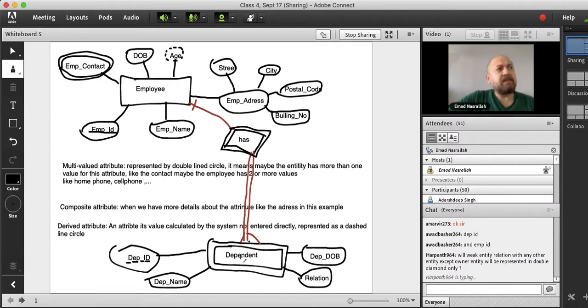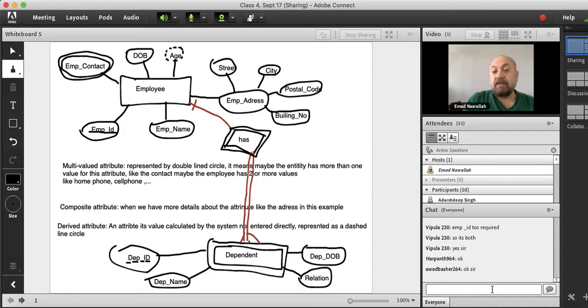And if you make it double lined, it's wrong. Every weak entity has one weak relationship, which is the double-lined relationship with the owner entity. If the weak entity has other relationships, they will not be double lined.